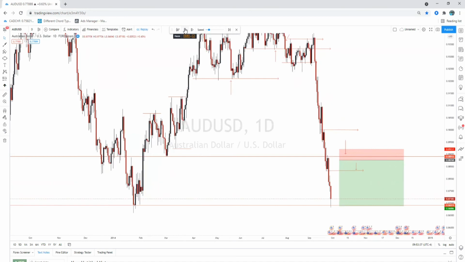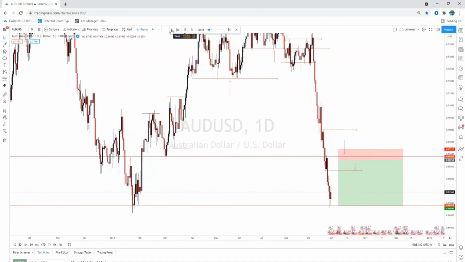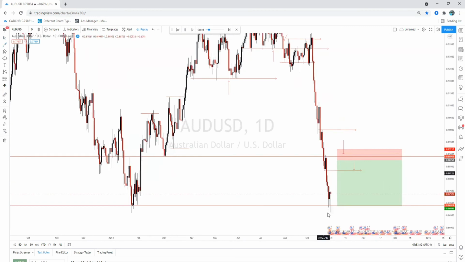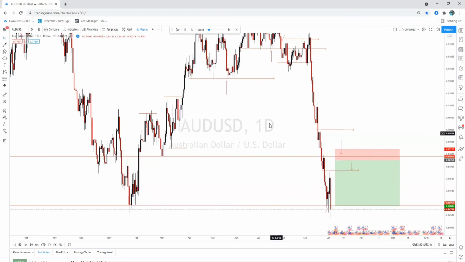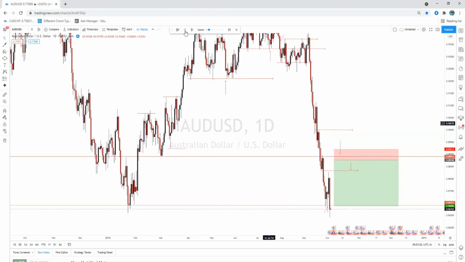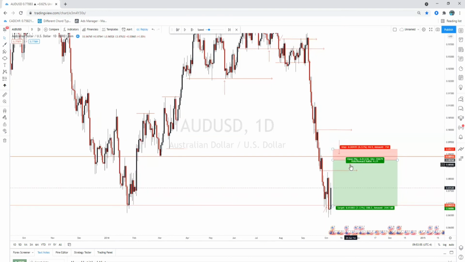On this level, the market is correcting. So we got our retest near this level, and it would have been our confirmation to sell the retest to this level.